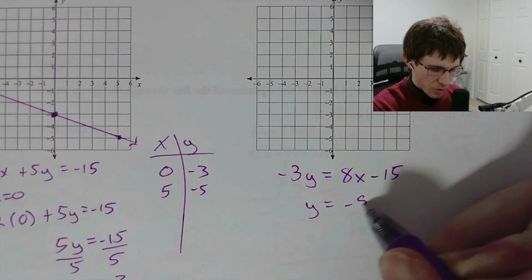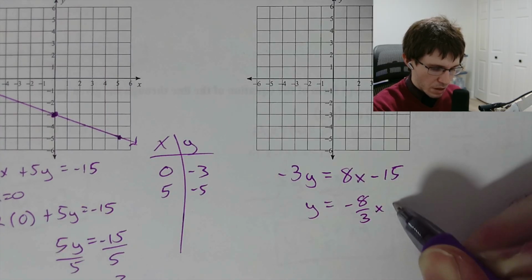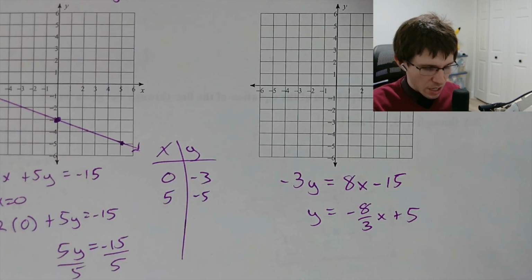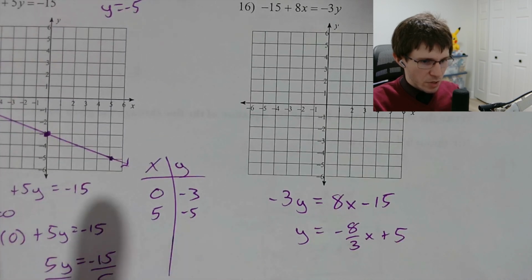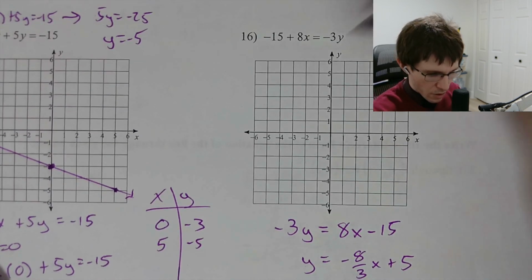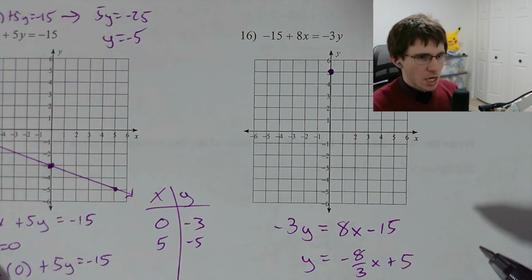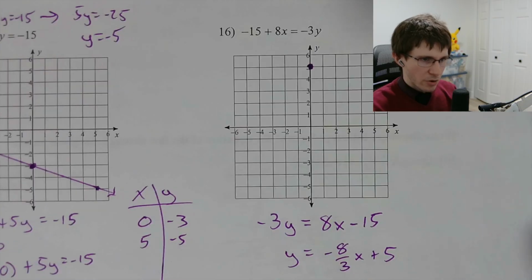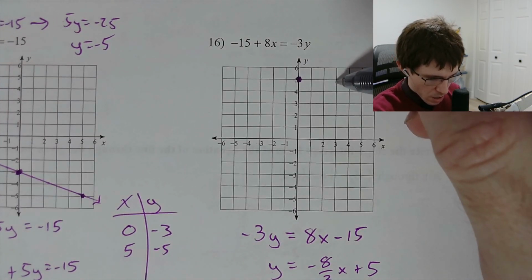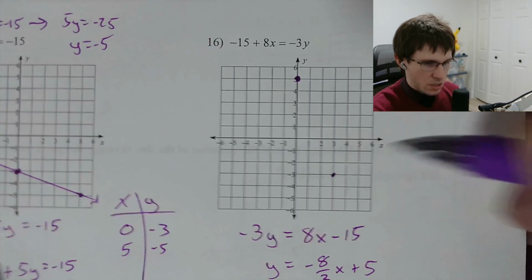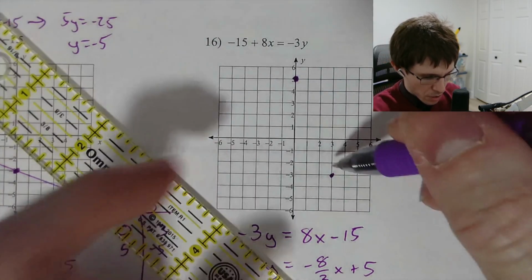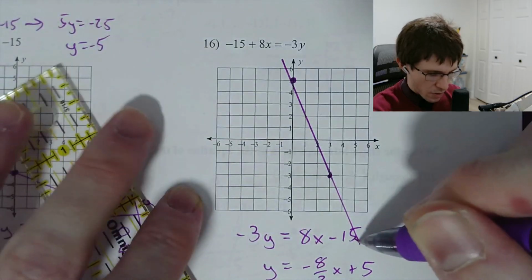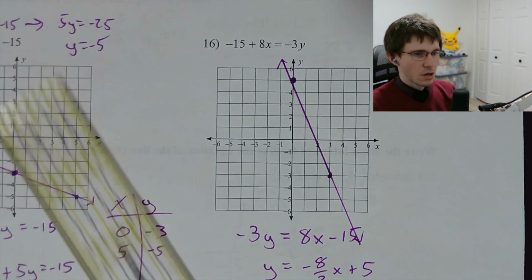When you divide by negative 3, you get negative 8 over 3x plus 5, because negative 15 divided by negative 3 is in fact positive 5, but 8 and 3 do not divide. So we have that 5 for our starting point, and then our slope is negative 8 over 3, meaning we move to the right 3 and down 8. There we go for our second dot. Yet again, we have a question where the only 2 dots that are on the graph are here. And sure enough, there is our final answer.